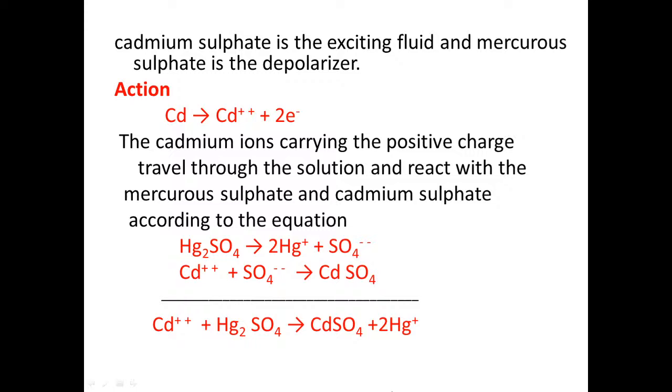Mercurous sulphate changes to 2 mercury ions plus sulphate ions. Cadmium ions react with sulphate ions, giving rise to cadmium sulphate. The overall reaction can be written as cadmium ions plus mercurous sulphate, giving rise to cadmium sulphate plus mercurous ions.